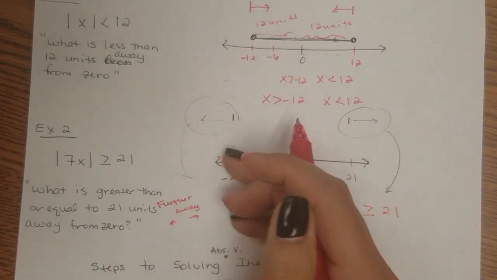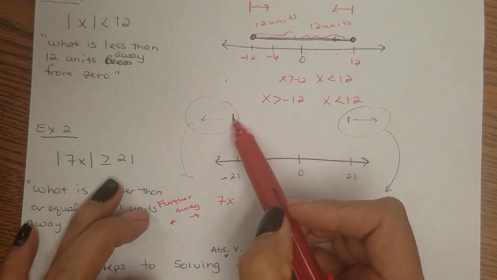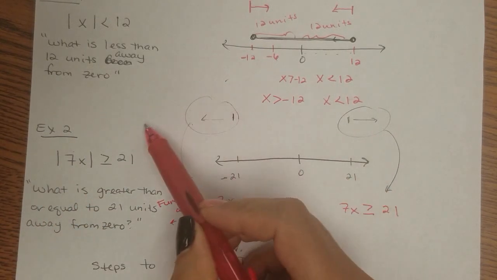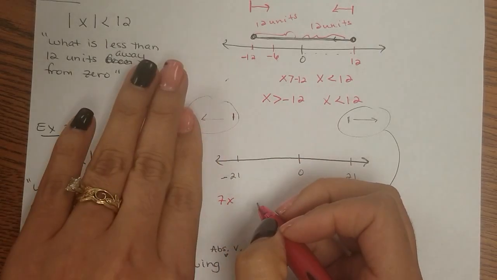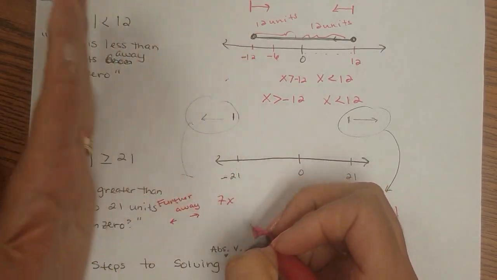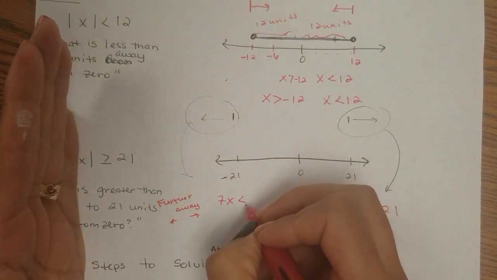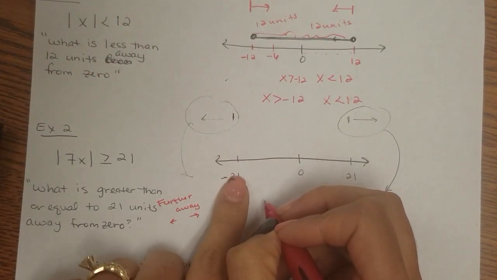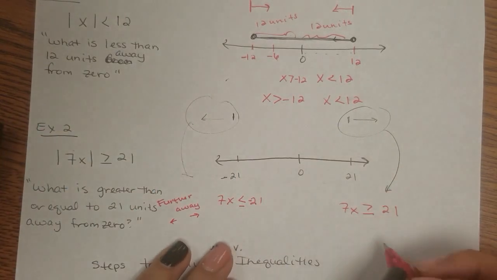If I'm looking at this side, I can say, what number can I plug in here for x that is going to move me more than 21 units away from 0? As we move this way, in terms of the number line, we're moving to the left. And as we move to the left, that's always going to be less than or equal to, because we have to move out this way, negative 21.